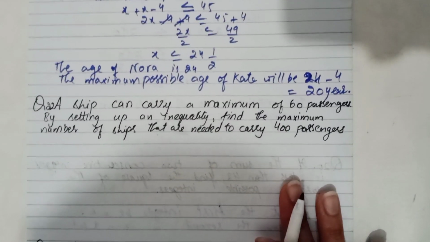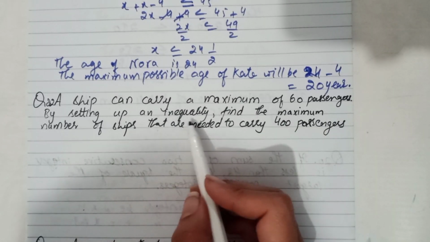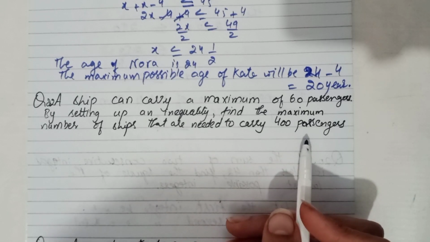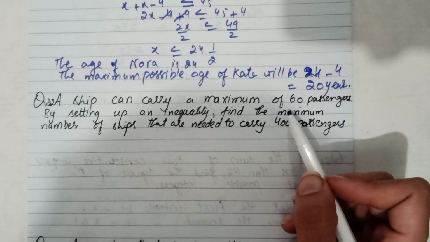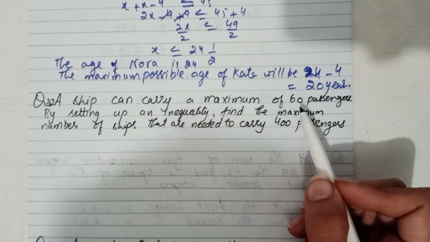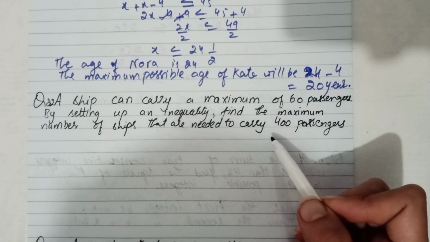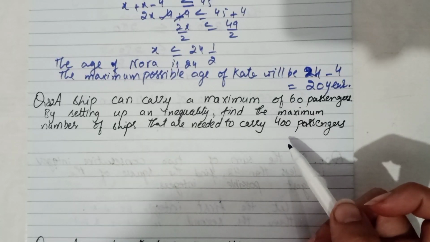Question number 22. A ship can carry a maximum of 60 passengers. By setting up an inequality, find the maximum number of ships that are needed to carry 400 passengers. One ship carries 60 passengers and we have to find the number of ships for 400 passengers.